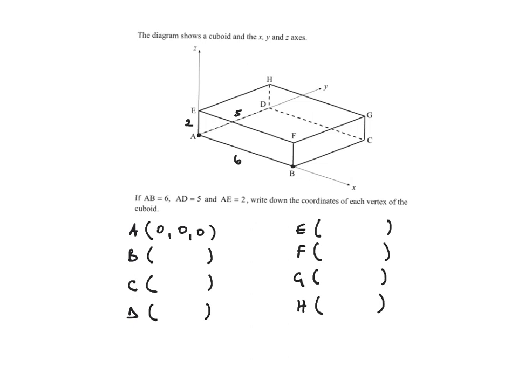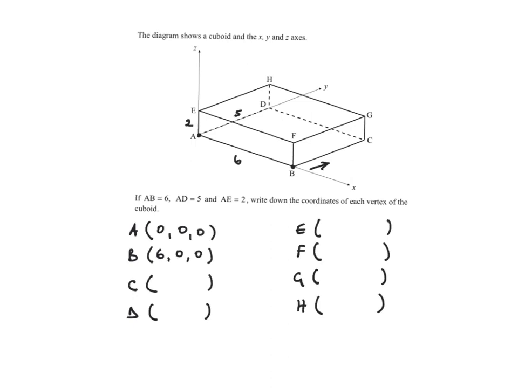I hope you can see that the x coordinate of the point B is 6. And what about the y coordinate? Well, we're not moving in the y direction. So that means that we have a y coordinate of 0. And similarly, the point B is not up off the page, so to speak. So the z coordinate is also 0.